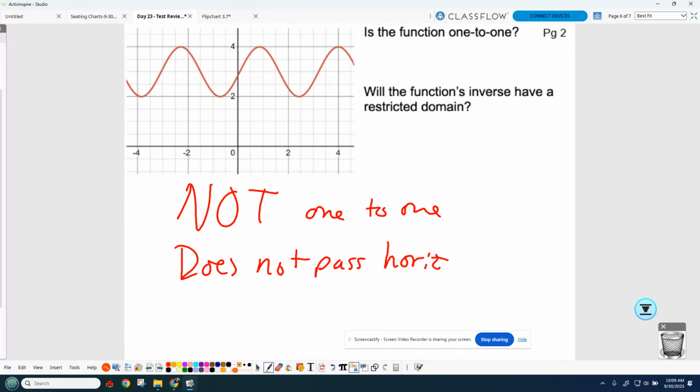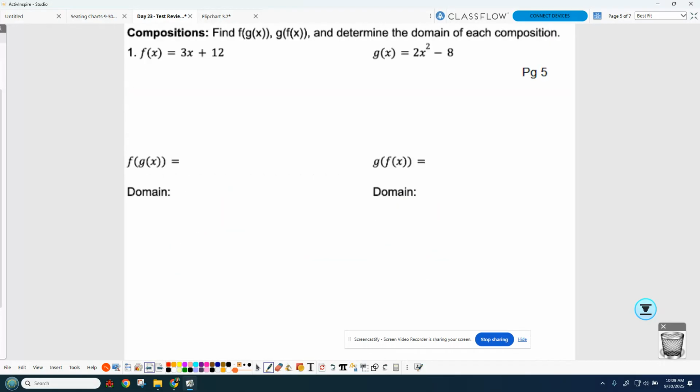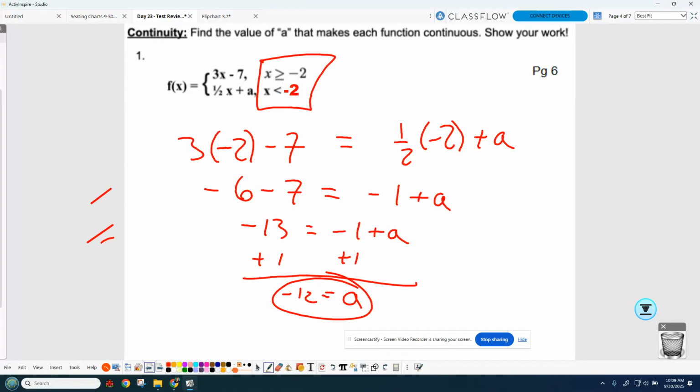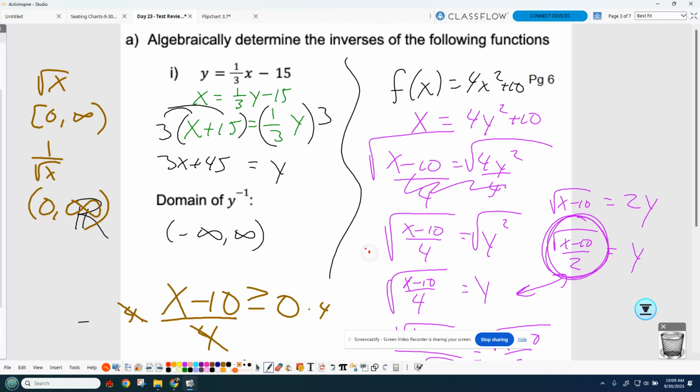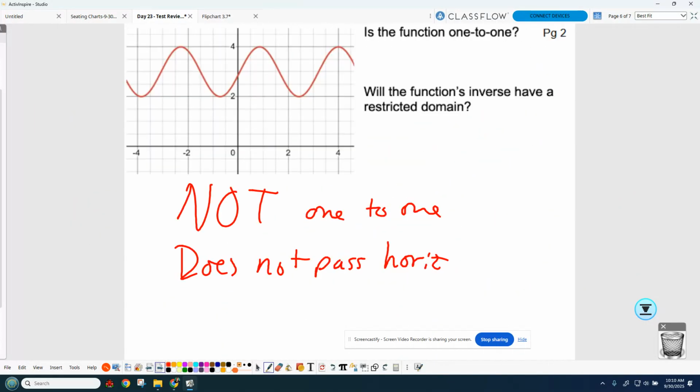If you have an algebraic one like this, yes, I would expect you to be able to say, here's my inverse, I got this messy business. There's going to be problems when I take square roots of negatives, so I need to restrict the domain. I would expect you to do this, but graphically, what the restriction is, we're not there yet.